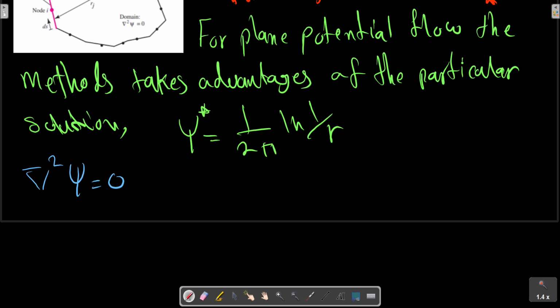Each element i is assumed to have a different strength psi i.